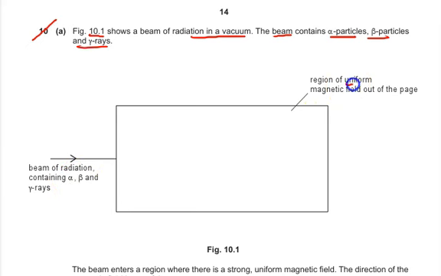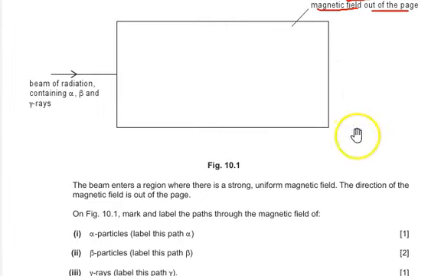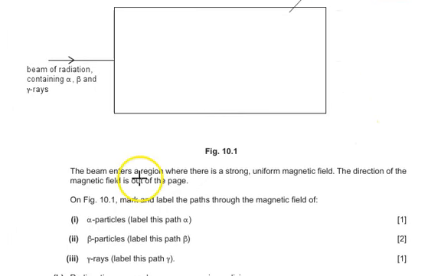Region of uniform magnetic field out of the page. Okay, the beam enters a region where there is a strong uniform magnetic field. The direction of the magnetic field is out of the page. So on figure 10.1, mark and label the path through the magnetic field of alpha, beta and gamma.